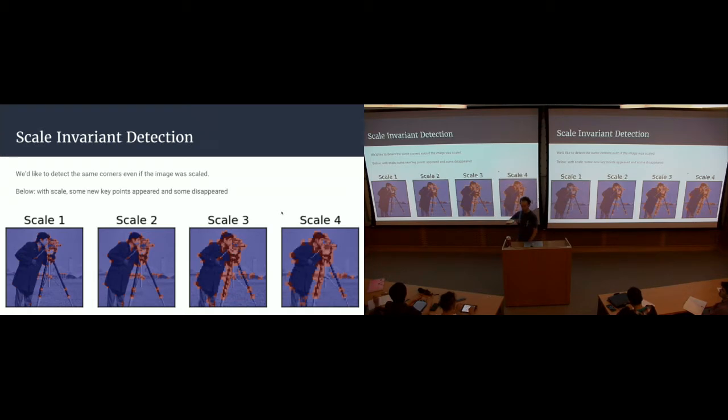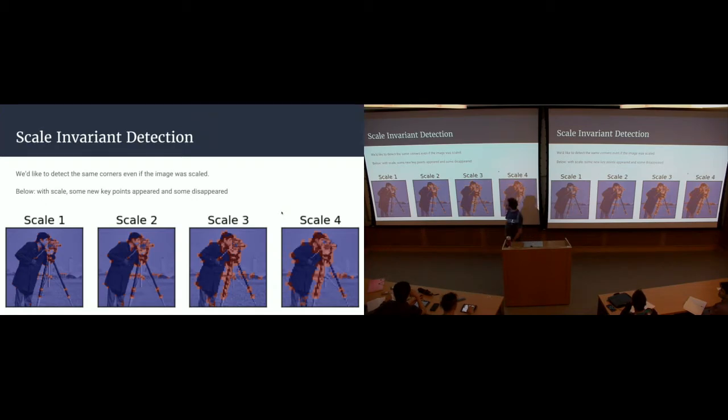We did one convolution, another convolution, took a gradient here, a gradient there, second derivative, and so on. And we came up with where the corners are, basically. Some corners in the image.